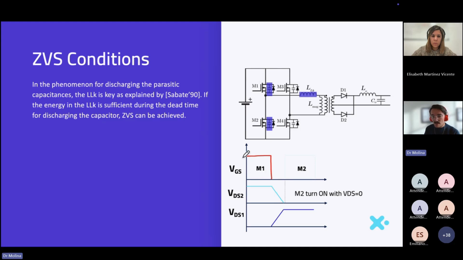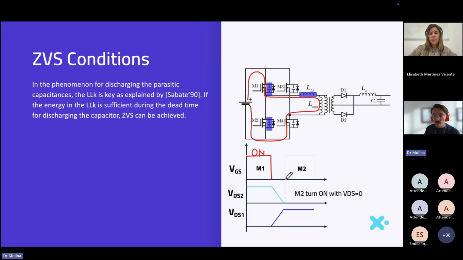In this case, the MOSFET is on, so the current is going through this way, and probably also this way. But then at some point you switch off this one and need to switch on this one, because you always switch on one in the leg, then switch off and switch on the next one.